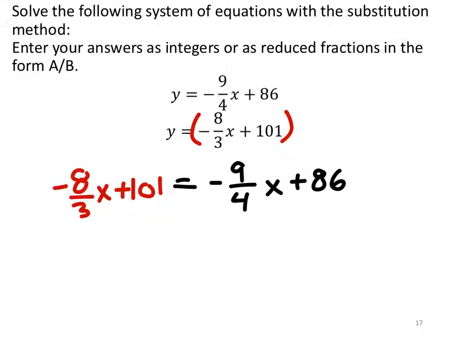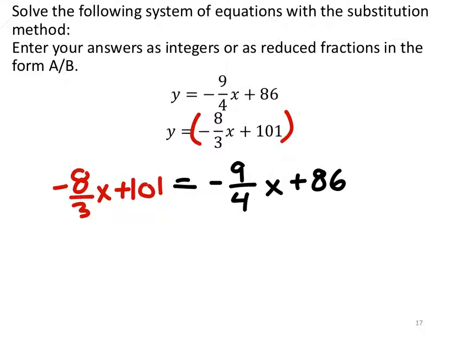Well, now we got x's on both sides of the equal sign, so we've got to choose which side we want the x's on, or I guess it doesn't matter what the order is. We could find common denominators for all the terms and then just get rid of the fractions. But I'm tempted to work with just the fractions as they are on this one. So which side do you guys want the x's on?